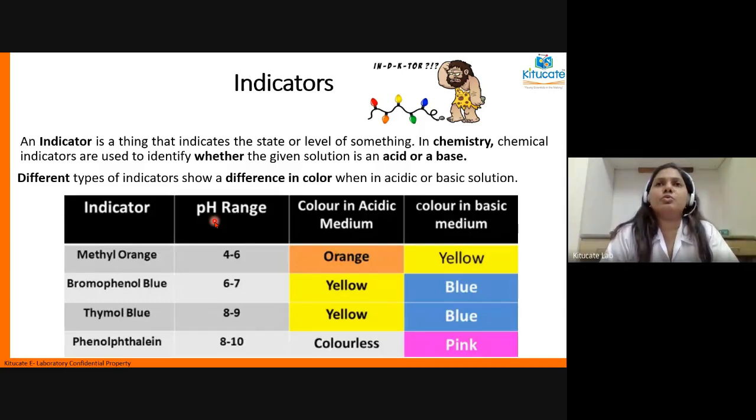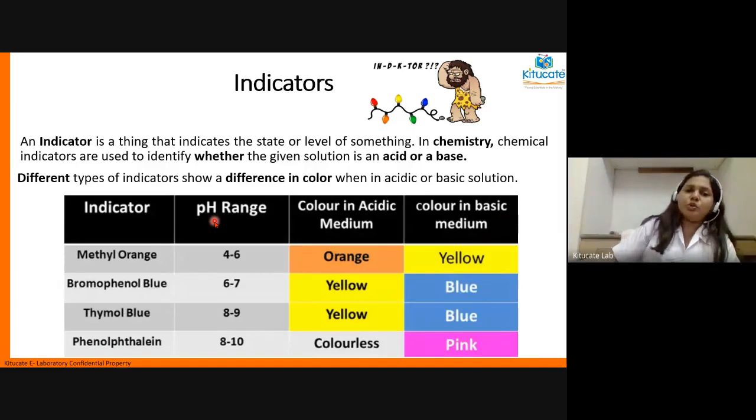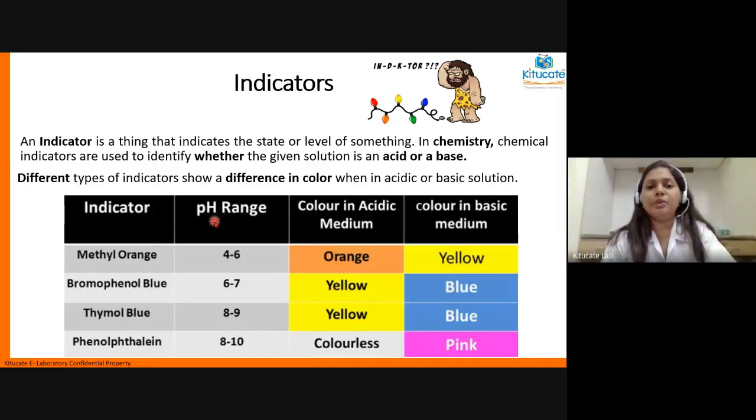We say it is those many kilometers. So the distance is measured in kilometers. The same way, whether the chemical is acid or base depends on the value of its pH. Understood what is pH? I will explain what pH stands for and how we measure it.